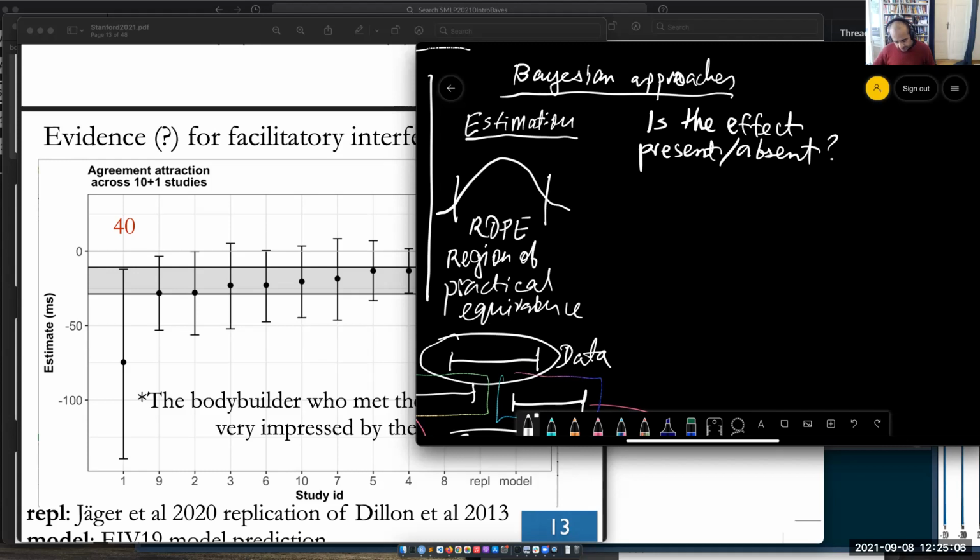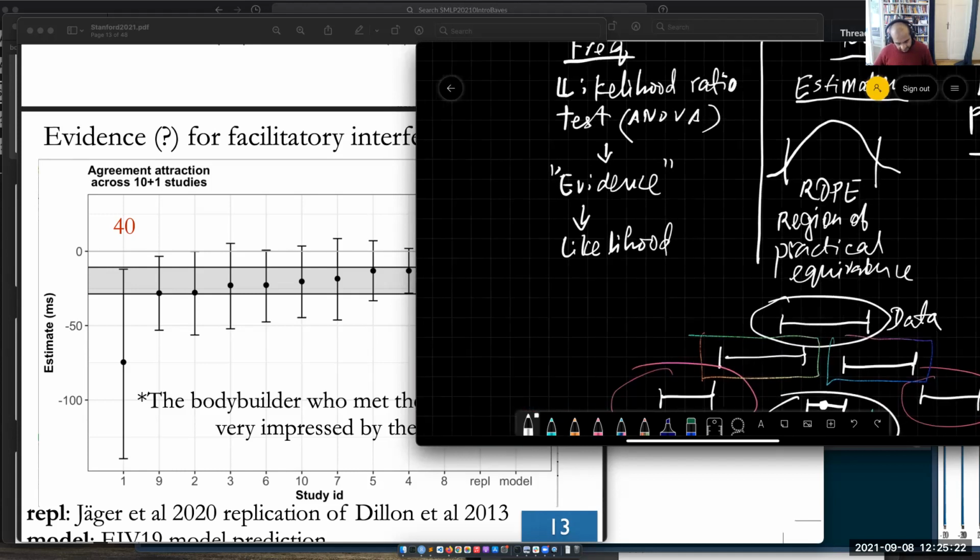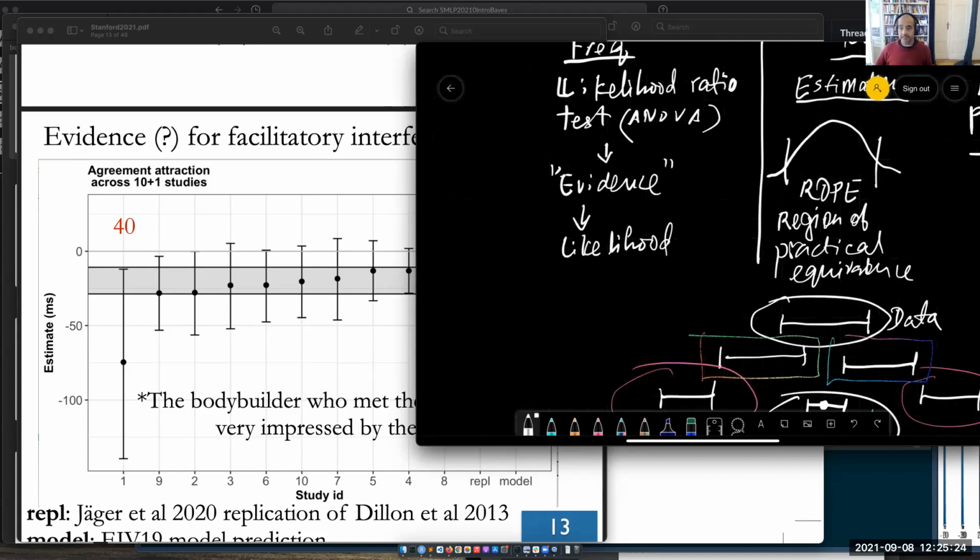So in that situation, if you're looking for evidence for an effect, you're going to have to do something similar to the likelihood ratio test, and that will be Bayes factor analysis, right? That's one way to deal with this problem. The Bayes factor is very similar to the analysis of variance that I discussed earlier.